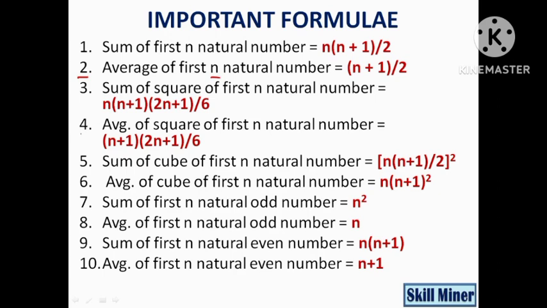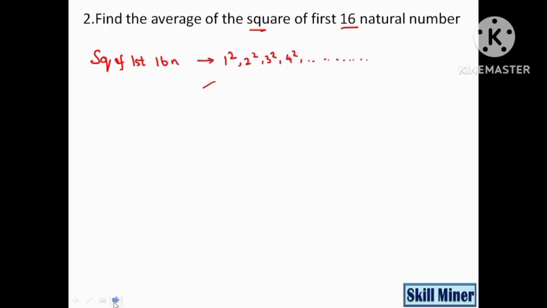Come to fourth formula. Fourth formula is given that average of square of first n natural numbers, that is n plus 1 into 2n plus 1 divided by 6. Okay, formula will be n plus 1 into 2n plus 1 divided by 6.